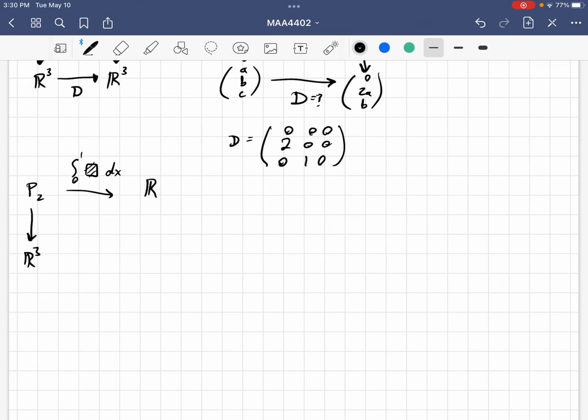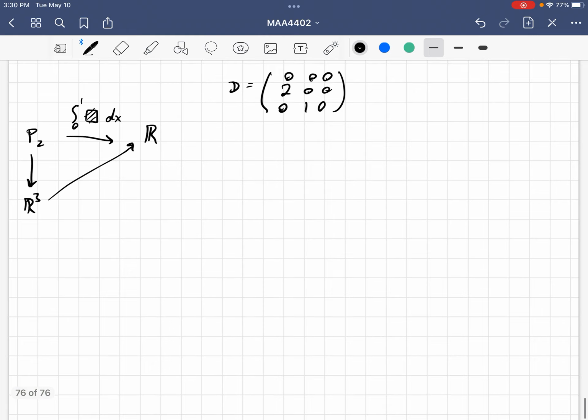And then in this case, the commutative diagram would not be a square, it would actually be a triangle because the integral is a little problematic here because it's not something in P2 already. So we just would map from R3 to R like that.